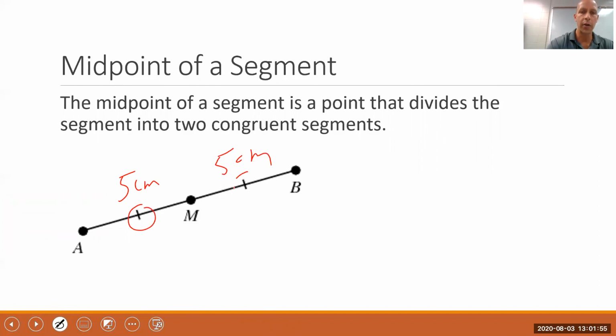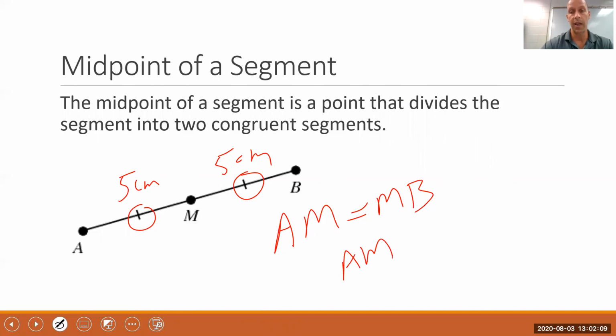Another way we show congruence without knowing the actual length is we'll put little tick marks like this. So we would say that the length of segment AM is equal to the length of segment MB, which is another way of saying that segment AM is congruent to segment MB, and therefore these are congruent segments.